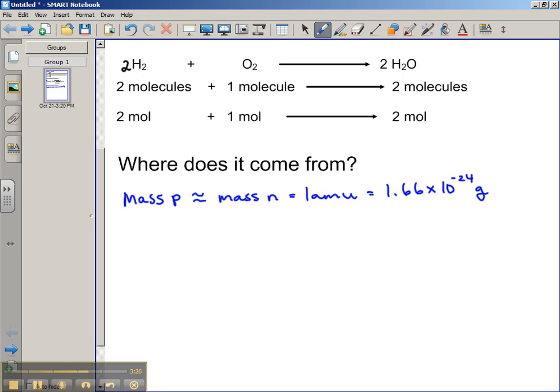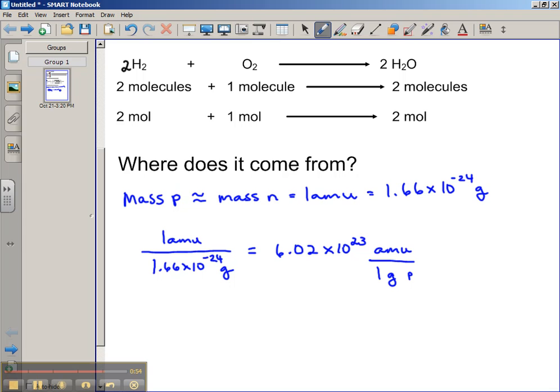That's a small mass. But I can say that 1 AMU is equal to 1.66 times 10 to the minus 24 grams. If I divide 1 by 1.66 times 10 to the minus 24, I get 6.02 times 10 to the 23rd AMU per 1 gram of protons or neutrons.